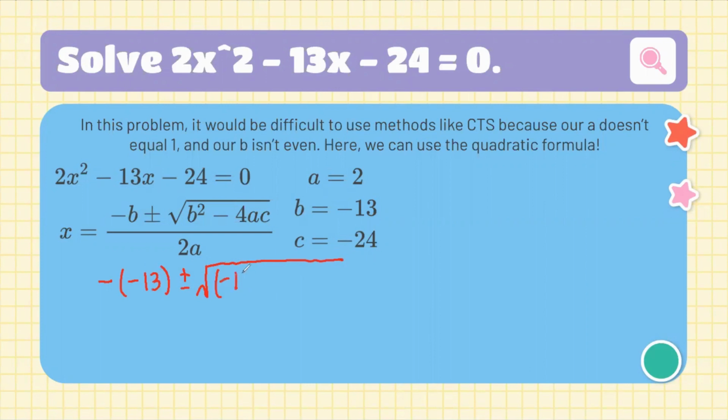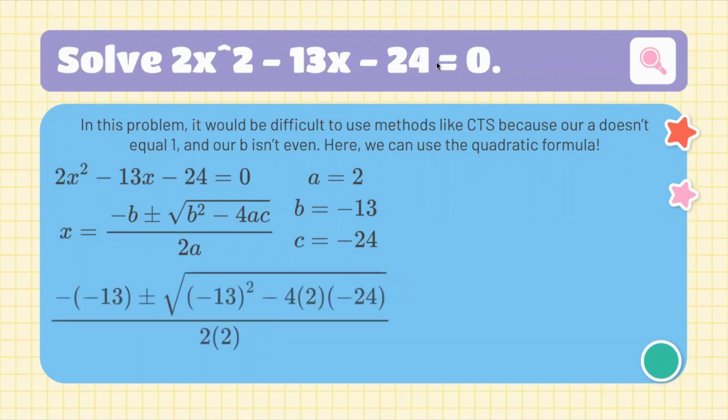Again, your b value is negative 13, so this would be negative 13 squared, minus 4 times your a value 2 times your c value negative 24. And that would be all over 2 times your a value, 2. Once you've plugged in all your values, you can go ahead and simplify.